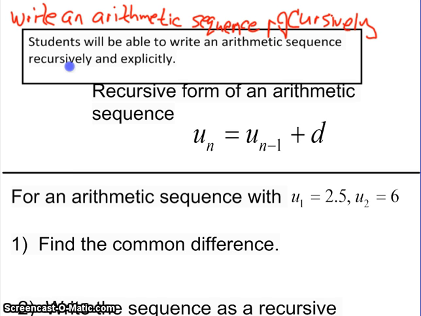Remember from the previous section that recursive means we're defining the nth term by the term that comes before it, okay? So now, if a sequence is arithmetic, you're always going to take the term that comes before it. The term that comes before the nth term is u sub n-1.